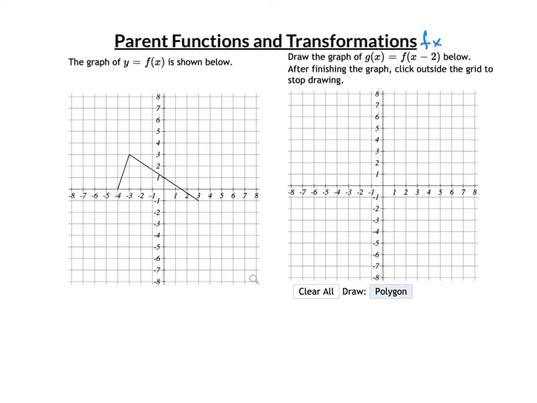So in this one, f of x is being replaced. x is becoming x minus 2. Again, I know x is being replaced. That makes it horizontal. And I know horizontal is the inverse. What happens in the equation, what happens to the points is the inverse.